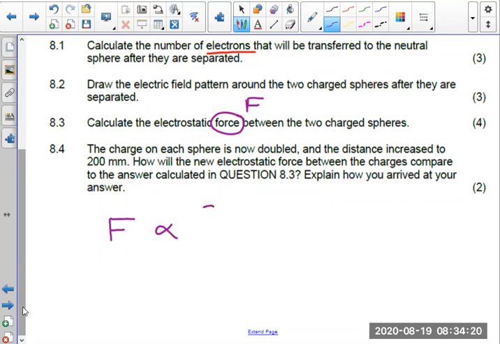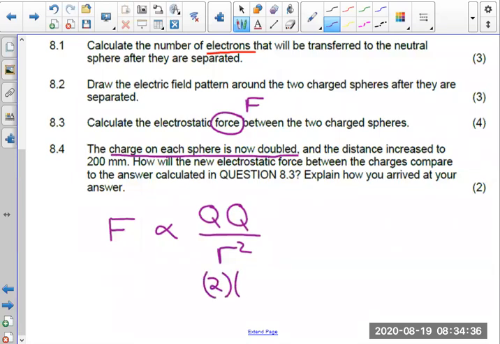Force is directly proportional to the product of the two charges and inversely proportional to the square of the distance between them. But now they say the charge on the two spheres is doubled. So it means this one, if it was 1, it's now 2 times greater. And what did they say? And the distance increases to 200 millimeters.